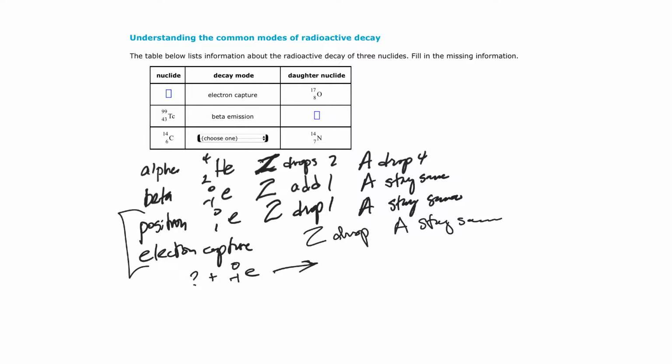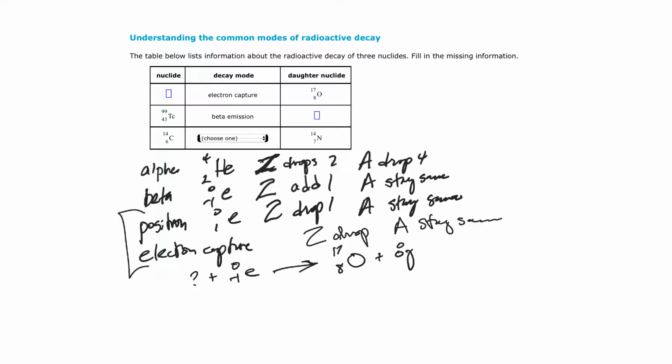It tells you you've got O-8, 17, so you have oxygen 17. Electron capture is always going to send out a gamma radiation, which doesn't do anything to the numbers. There's just always a high beam of energy there.